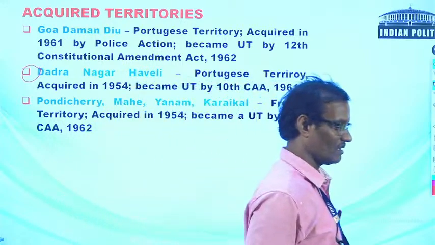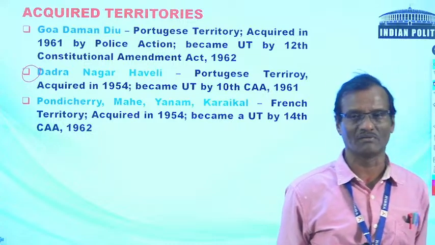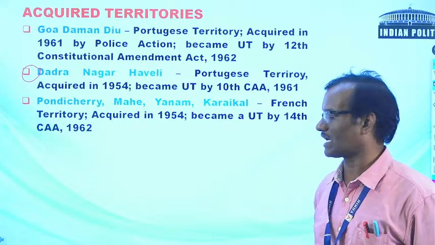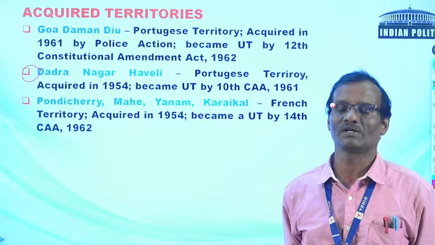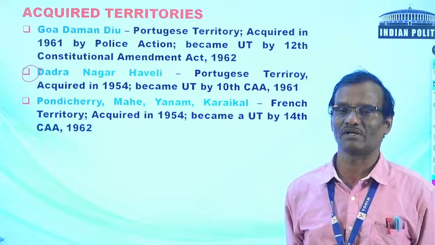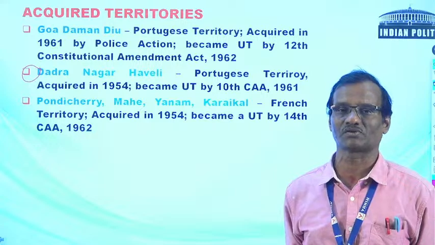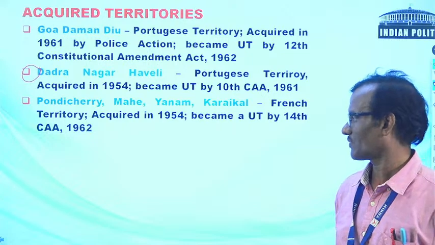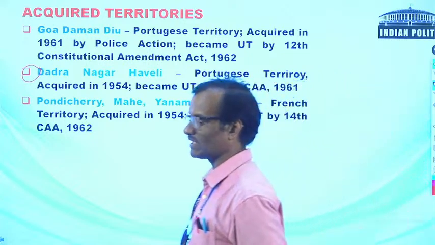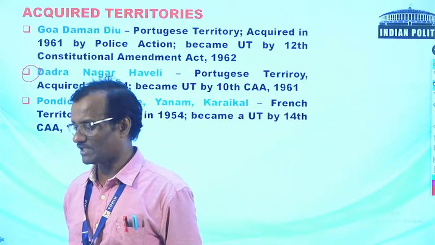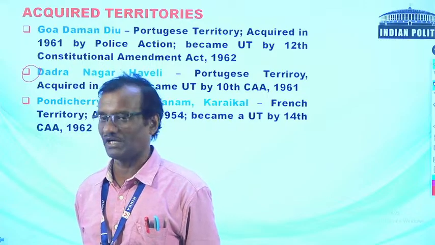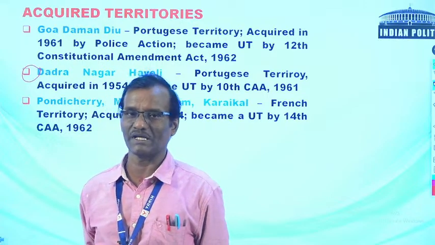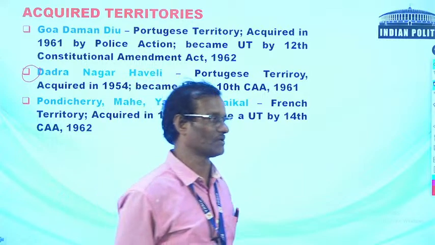Then Pondicherry, Mahe, Yanam, Karaikal, the 4 territories that I have mentioned, were acquired in 1954 and became union territories by the 14th Constitutional Amendment Act, 1962. In this way, 3 major territories were merged with India after independence, that we name acquired territories.